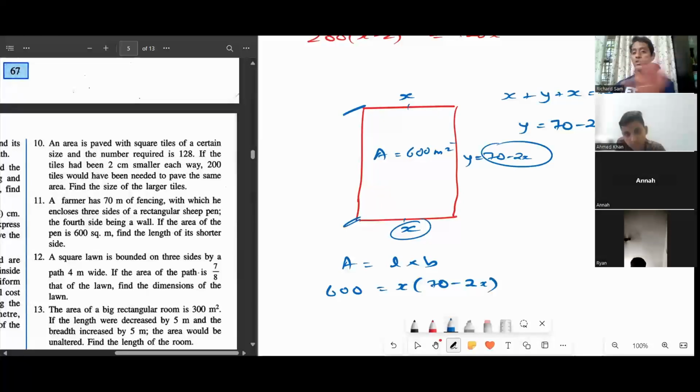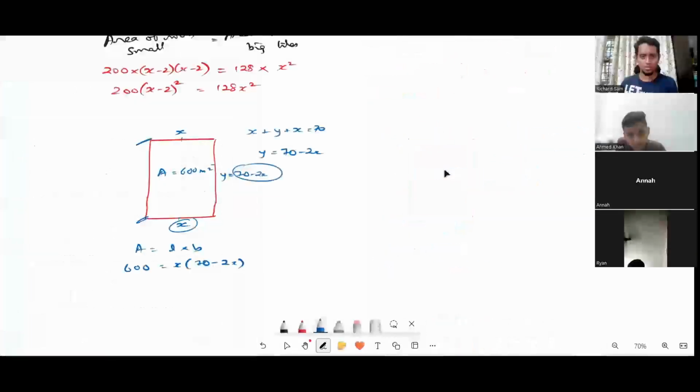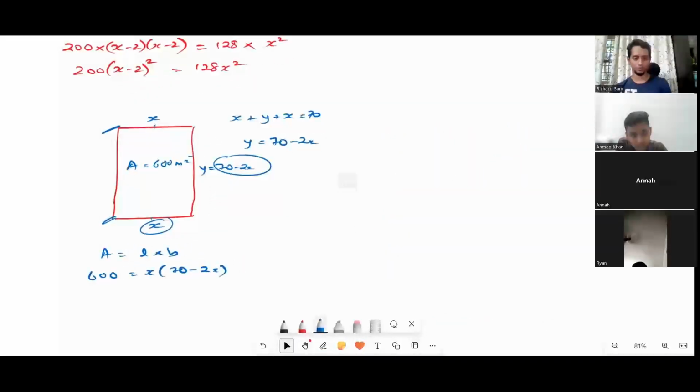Now, if we take the wall on the other side here, then it will be different. Or will it be? Will it be the same or will it be different? Let's see. Okay, so this is the wall now.